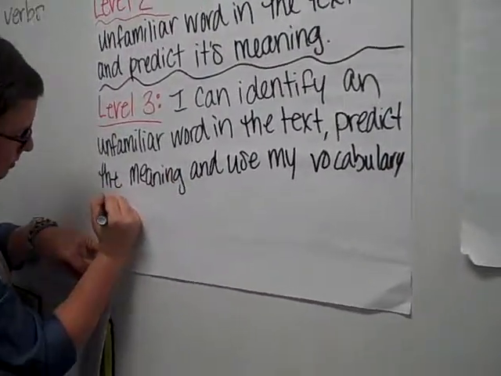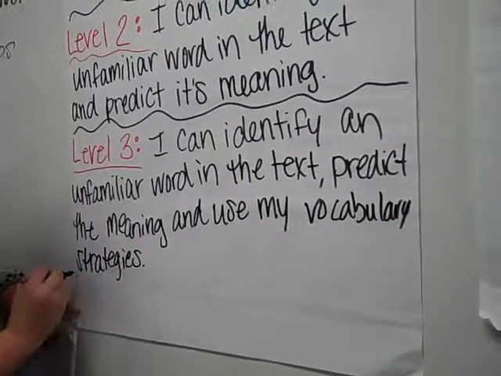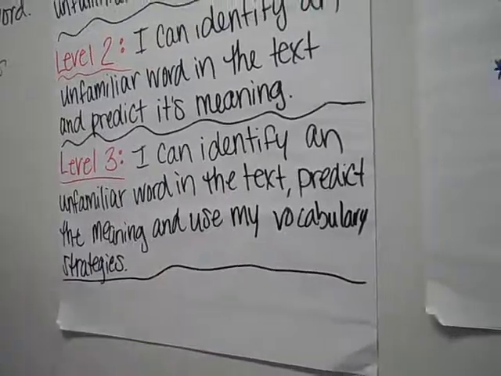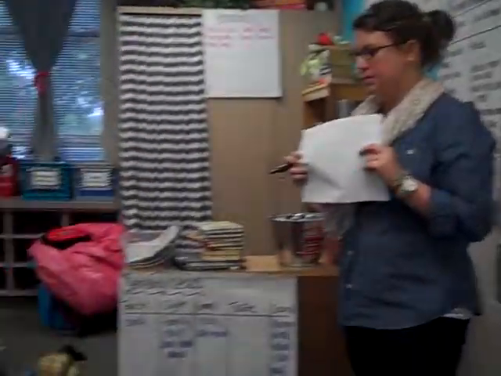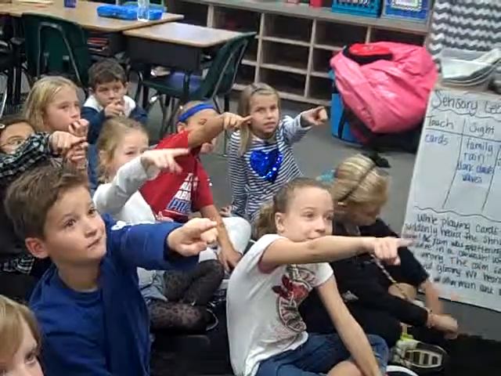I didn't leave myself much room. And what strategies am I talking about? Point to where the strategies are. Right there on that chart that we brainstormed all together yesterday.